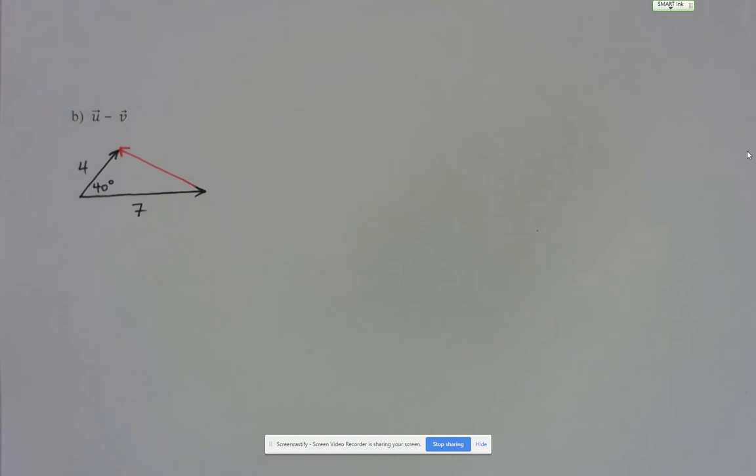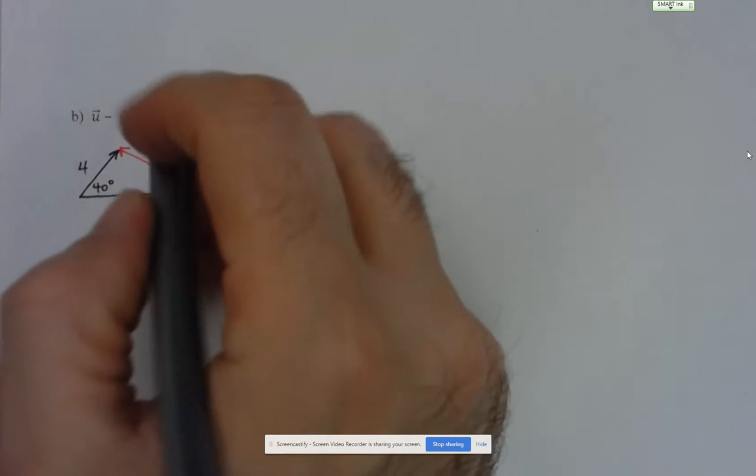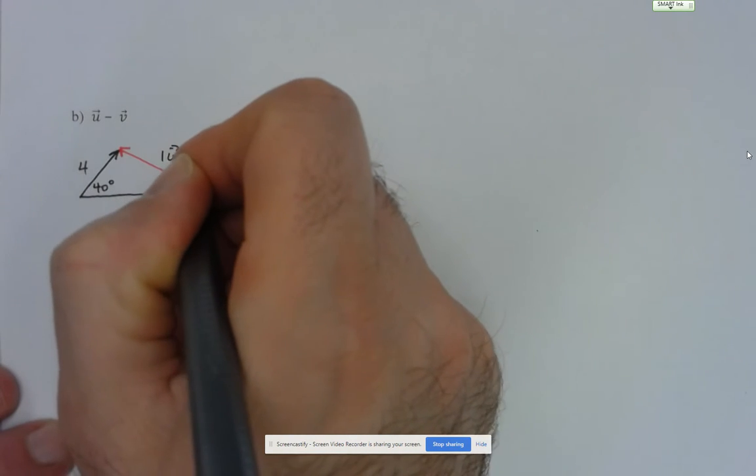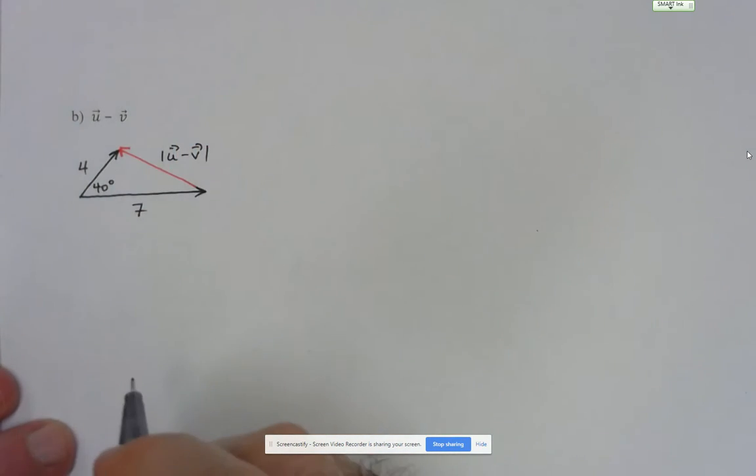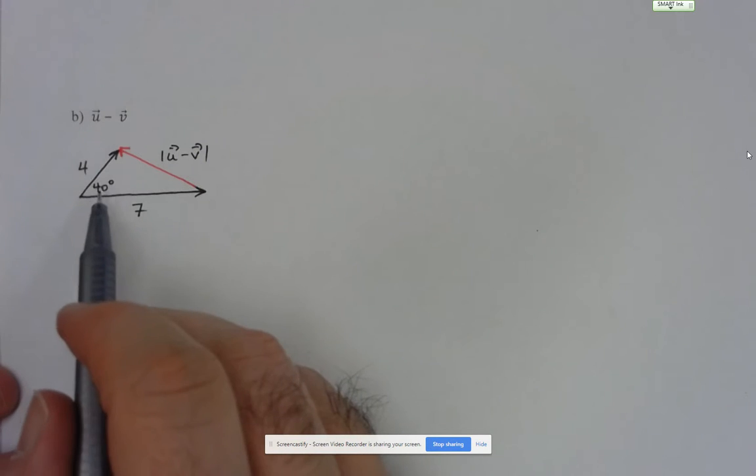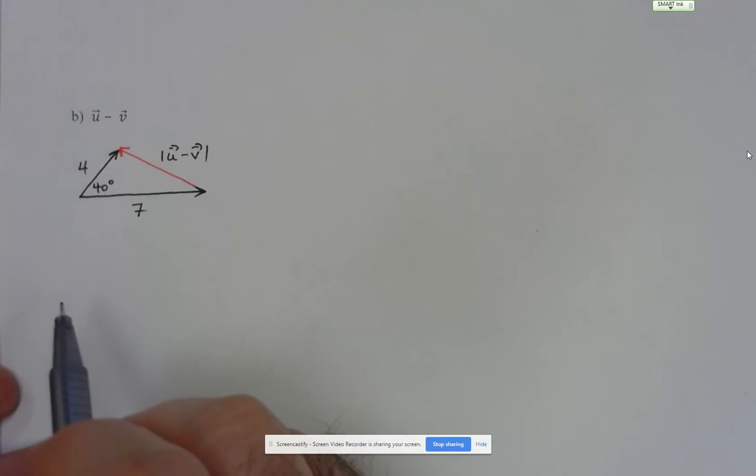All right, a lot of what we're going to do is very similar, because I'm still going to use the cosine law to find the magnitude, but now I'm working with the angle that's given.